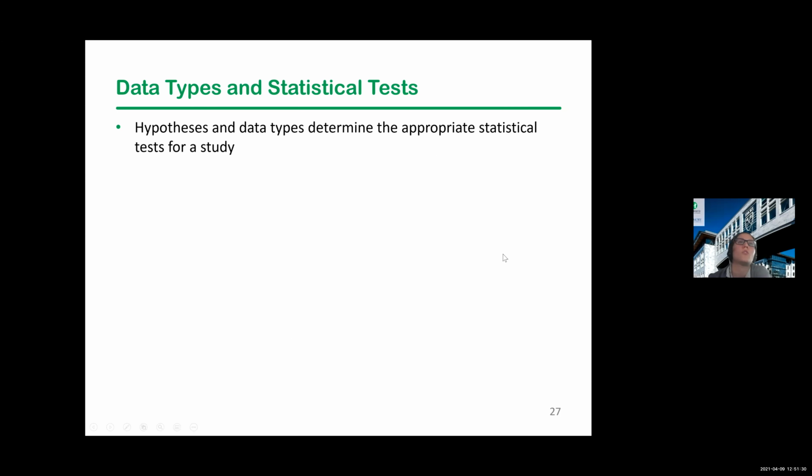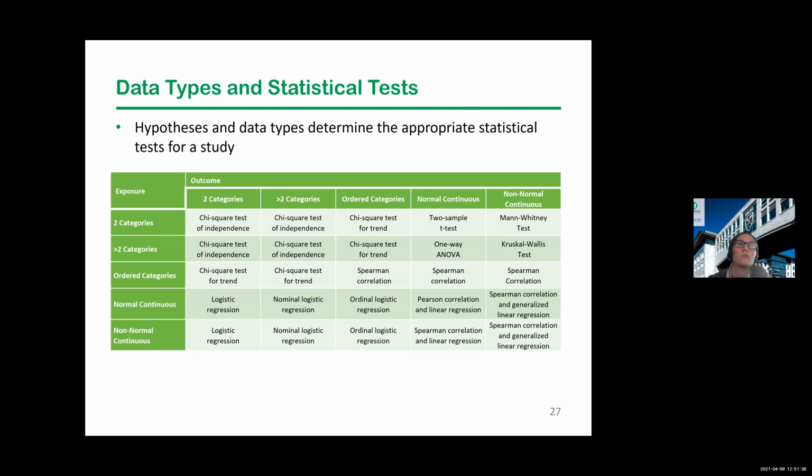Okay. So once we establish these data types, they will help us determine what stats test to use. Here we have this very handy chart that drives down the idea that depending on how many exposure groups we have, how the exposure looks, and also how the outcome looks, that will drive what stats test we end up using. In the simplest terms, if we have a binary exposure and a binary outcome, we'll just use a chi-square test.